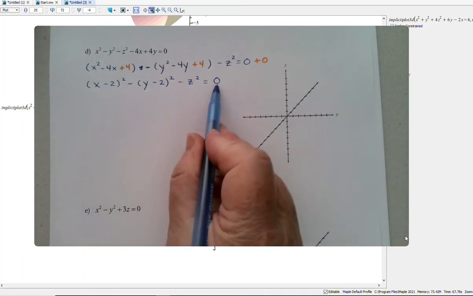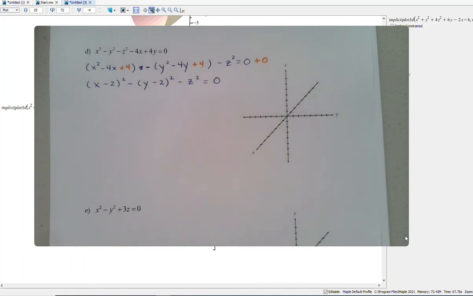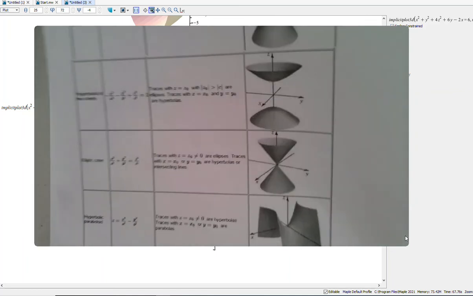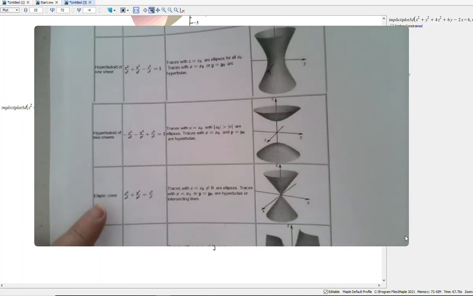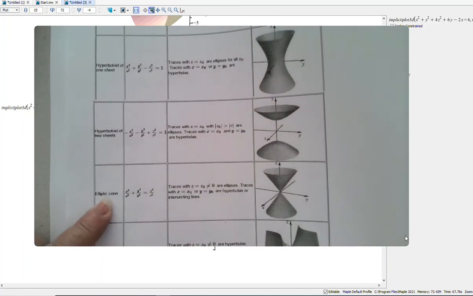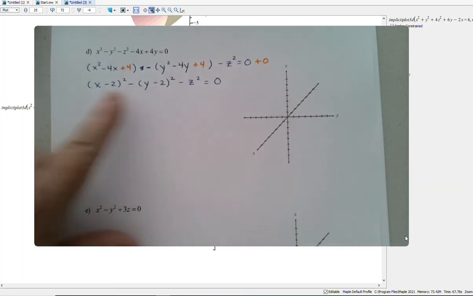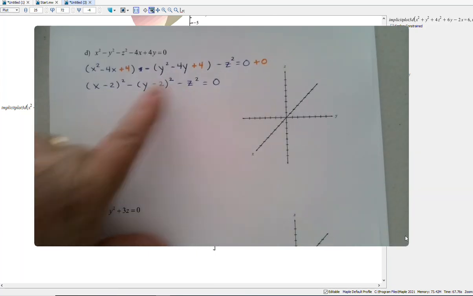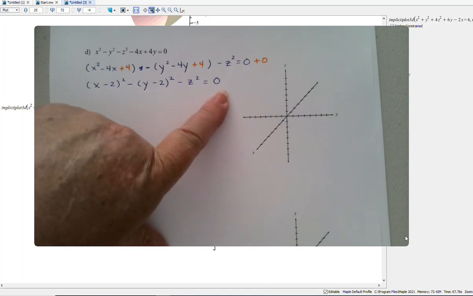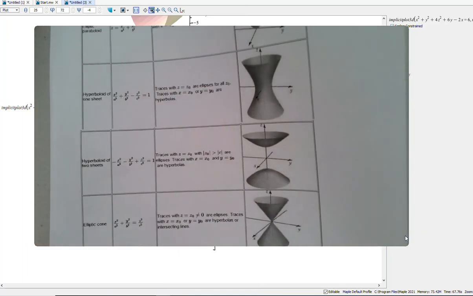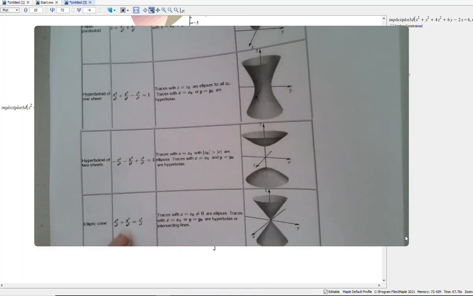All right, I don't have a constant term on this one. And as I'm looking at these, I'm thinking, I think the one I actually want is this one. I'm going to have to rearrange my terms a little bit. Right now I've got a positive and 2 negatives, but if I move those 2 negatives to the other side, it would look a lot more like this, right?